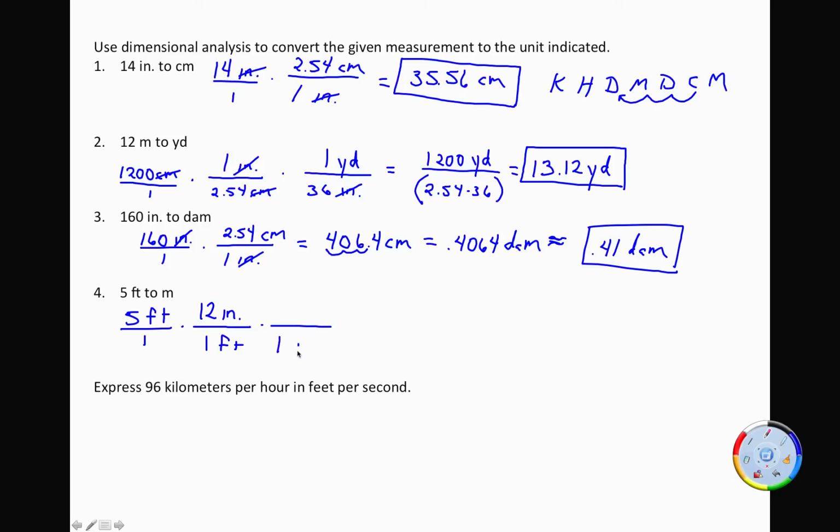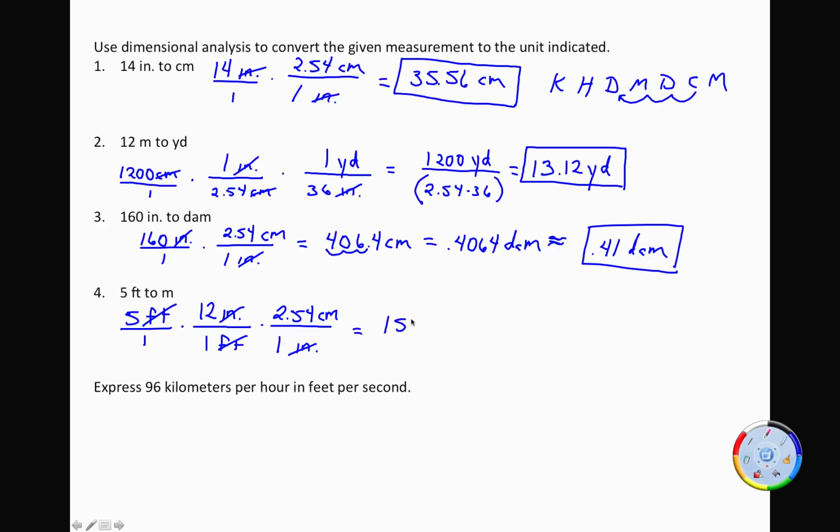So I know that 1 inch is 2.54 centimeters. Now, voila, I'm in the metric system. And once I'm in the metric system, it's very easy to trade.